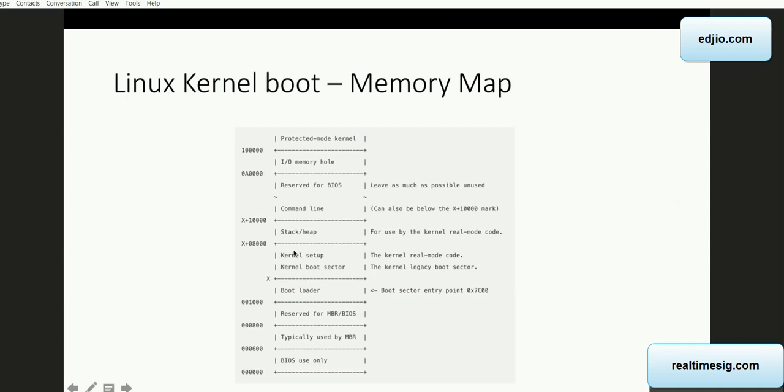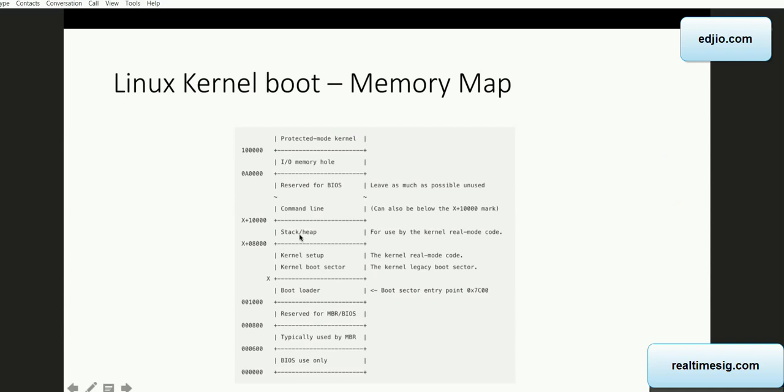Now the kernel setup, before even executing any other piece of code, has to initialize the stack. Why does it need stack or heap? Stack is required for function calls. The Linux kernel is implemented in C language, so C supports function calls, and function calls are implemented by using the stack.